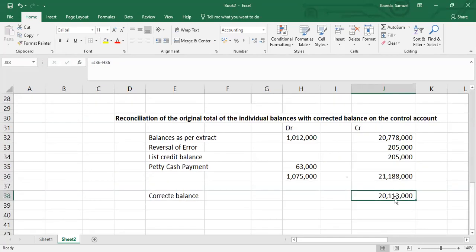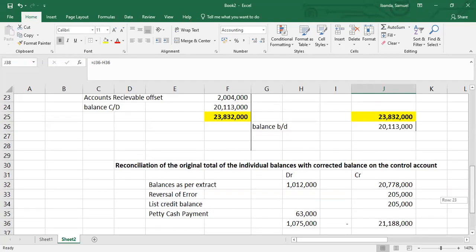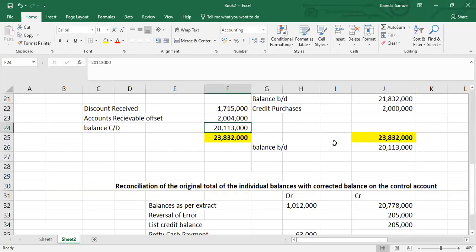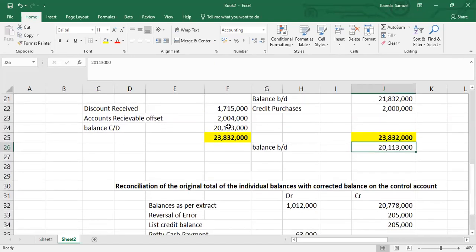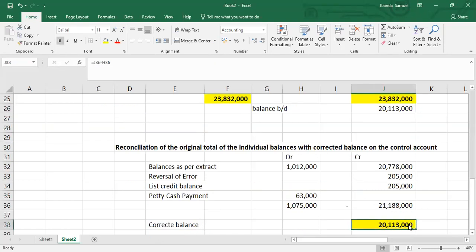So as you can see, this 20,113 is now reconciling with what we got as our balance here on the credit side. And that is why, as it is a balance carried down here, it's a balance brought down on this side, if you know how to balance off. So in the same way here, when you get the difference between the credit side and the debit side, you should be able to come to this.